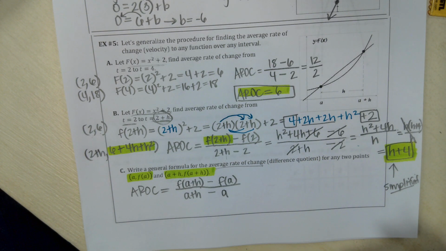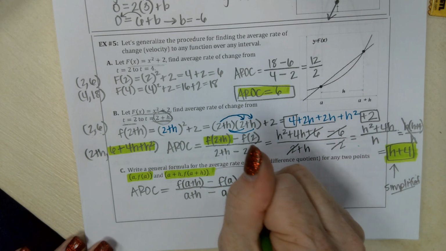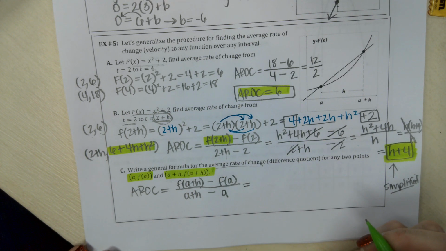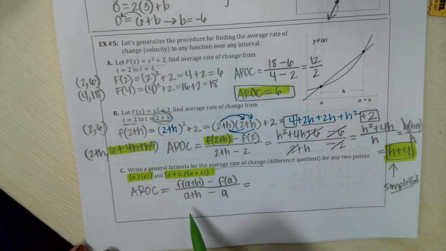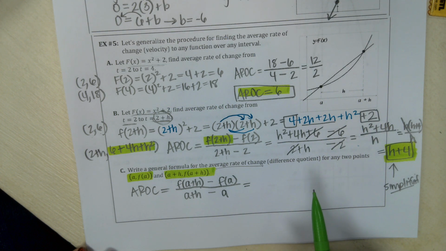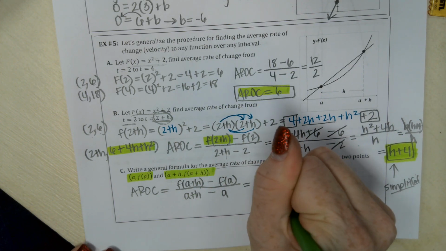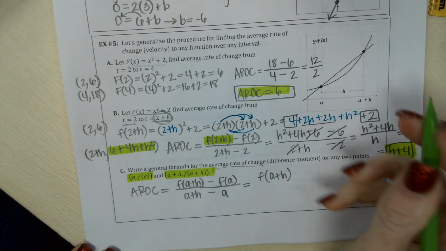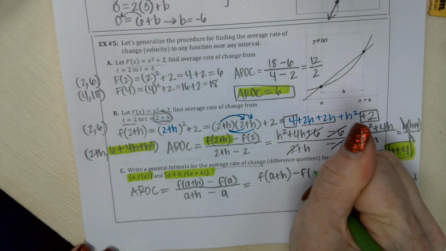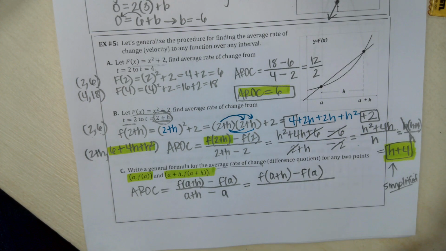You're saying it's more difficult because there's 2. Because you've got more stuff in there. Yep. A plus h. Oh, well, hold on. So right here, there is nothing I can do to the top. Okay? You would have to have the actual algebraic expression to be able to simplify that.